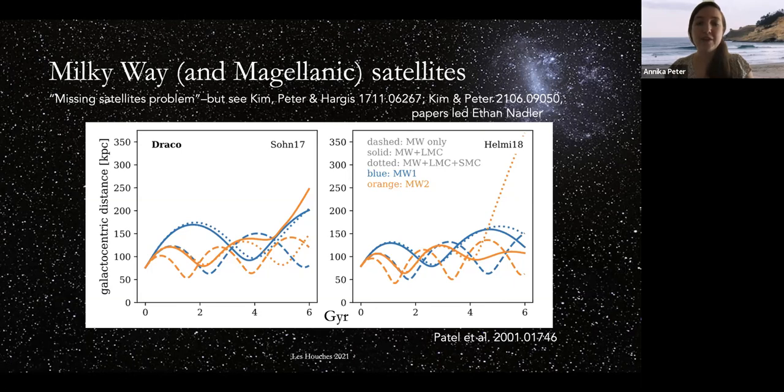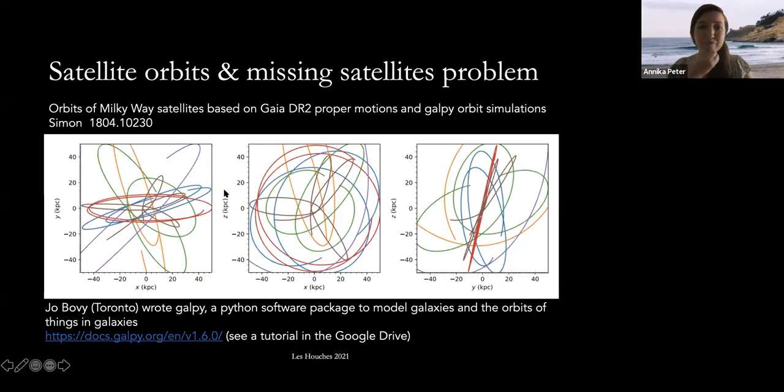Okay, so another example of this is, and this is a very busy plot, when people are trying to figure out the pericenters of Milky Way satellite orbits. The reason this is important is that you want to know whether the Milky Way satellites are heavily tidally stripped or not.